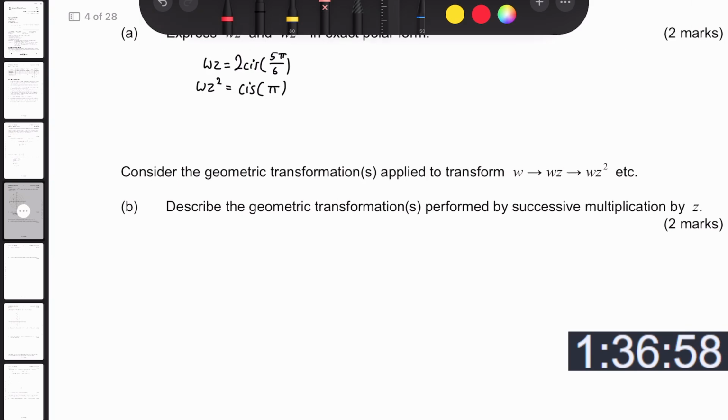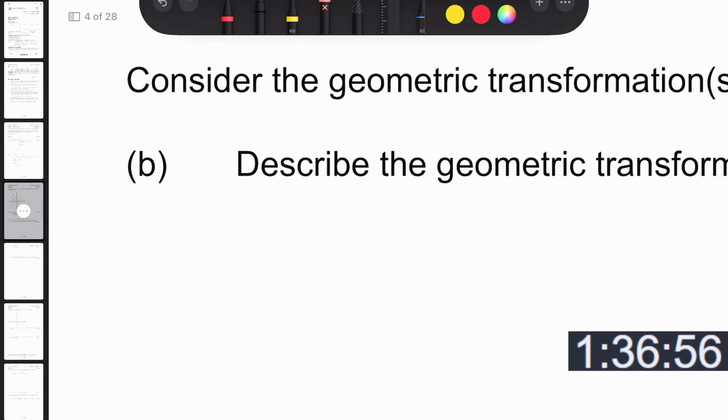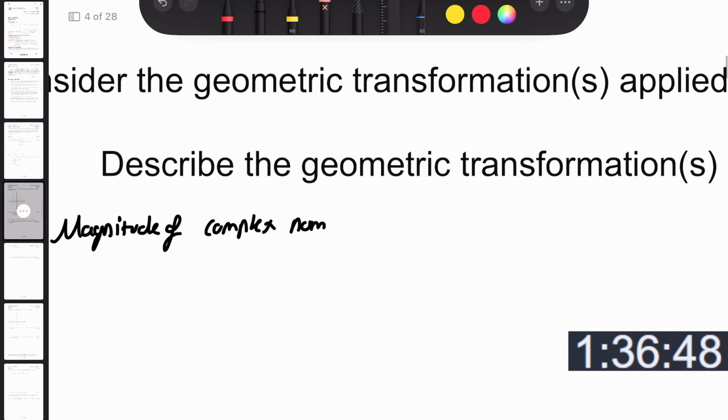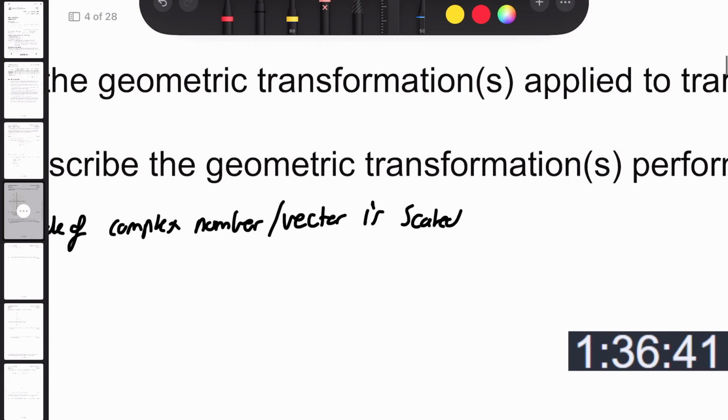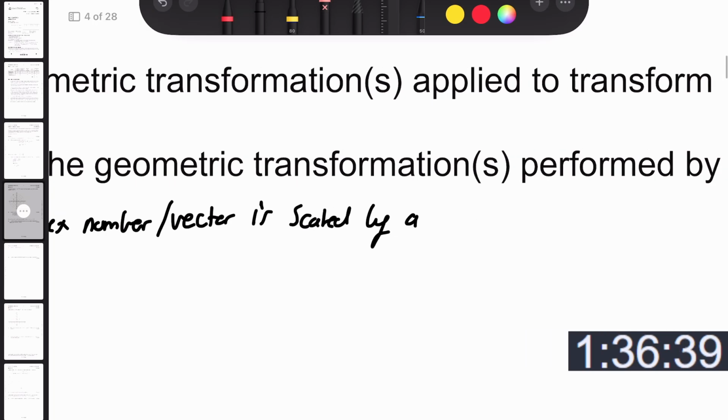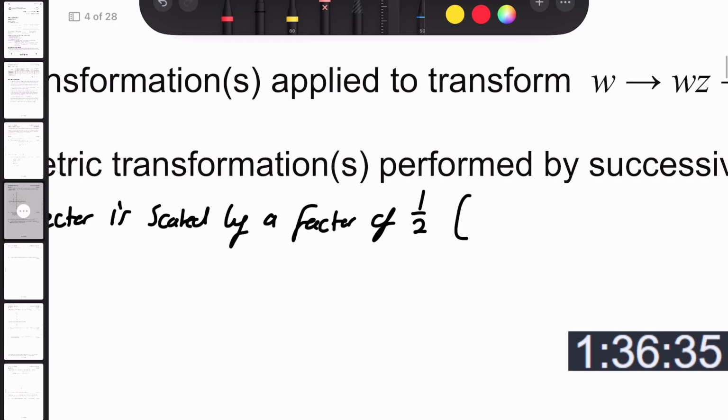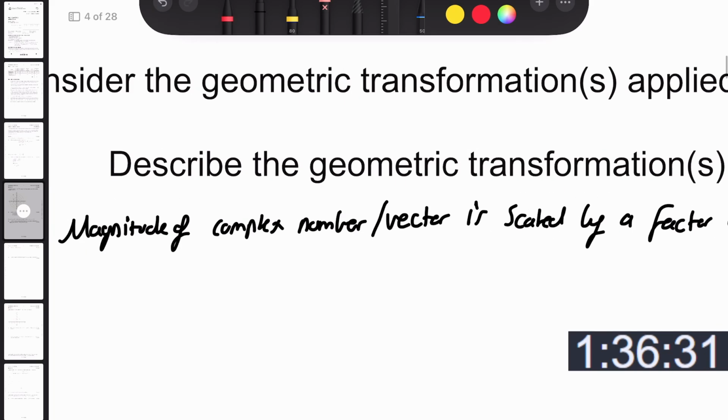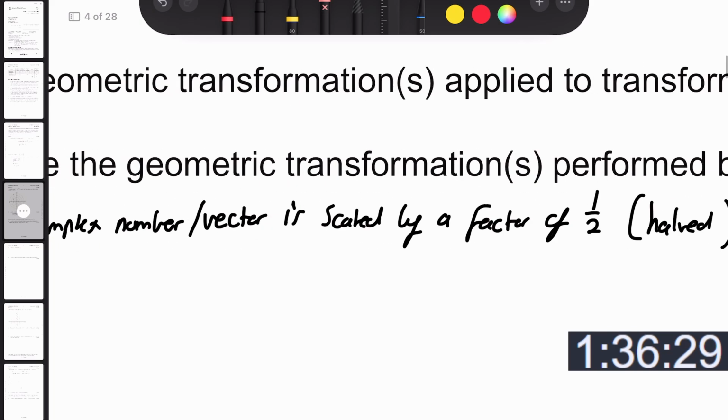This represents successive multiplication. So magnitude of complex number slash vector is scaled by factor of half, and rotated anti-clockwise.